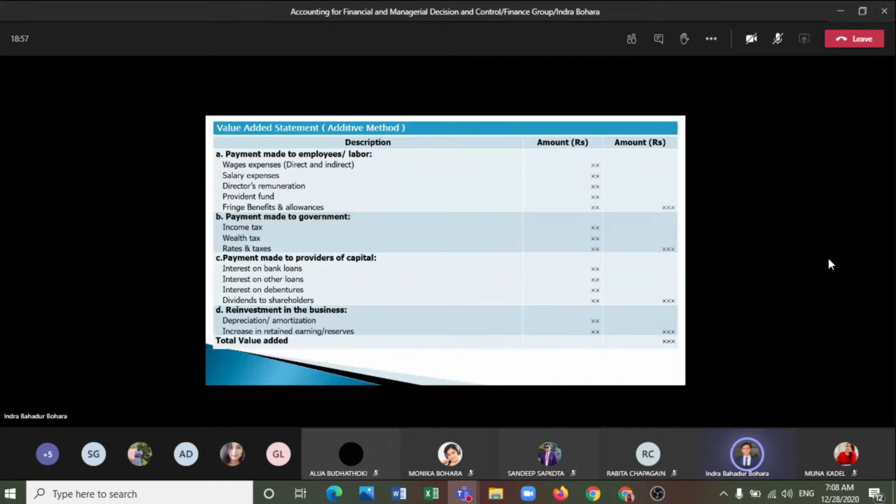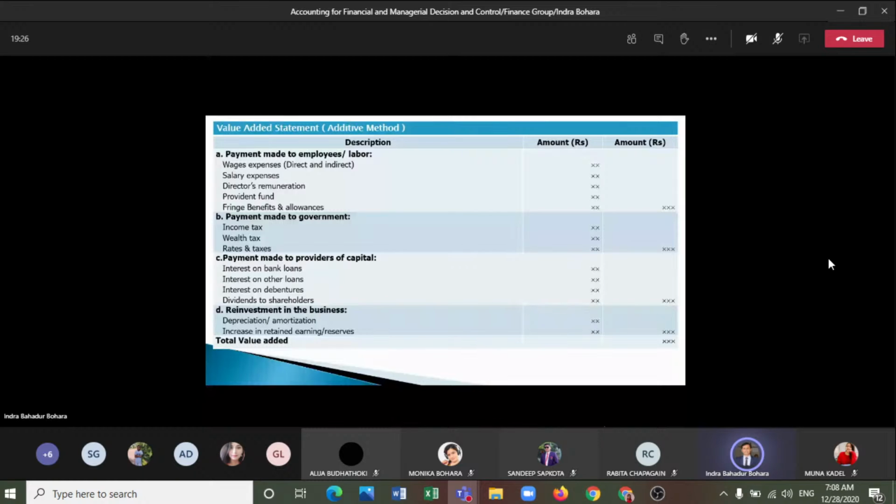and payment to government as income tax, property tax, rent tax, etc. Similarly, some portion of the total value added of 2,000 is distributed to the providers of capital in terms of interest on loan and dividend, and some amount of profit remains for reinvestment in the future.